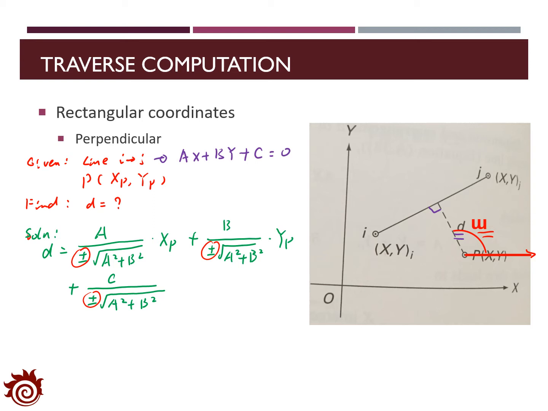With the value of omega, we can simplify the equation as xp times cosine omega plus yp times sine omega plus b times sine omega.